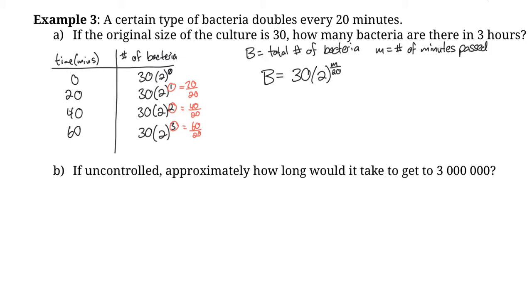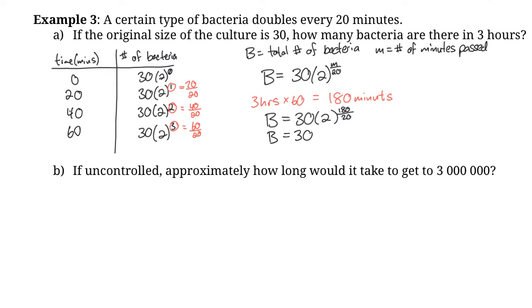So now that we have our equation, let's look at what the question is actually asking us. It's asking us how many bacteria there are in 3 hours. So if we have 3 hours, we can multiply this by 60 because there are 60 minutes in each hour, and we're going to get 180 minutes. So then going back to our equation, we're going to have B is equal to 30 multiplied by 2 to the power of 180 divided by 20.